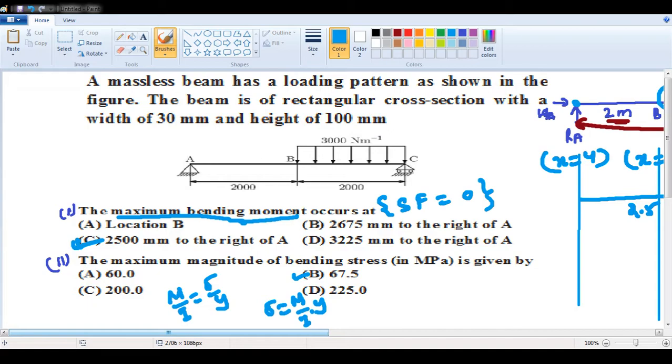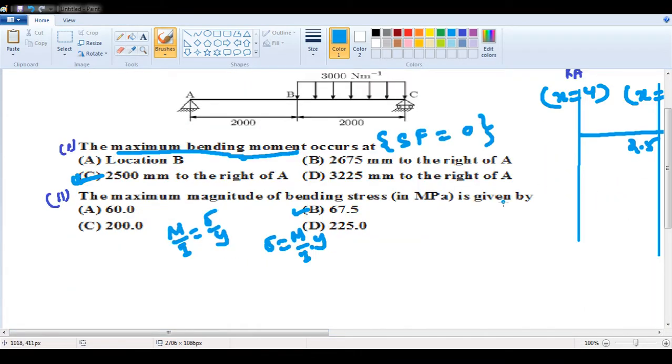Here you can use the shortcut as well. From the options also you can find the value. How? From the options, because from bit 1 it is asking where the bending moment occurs. The bending moment will be maximum when shear force will be 0. If you take out this 2.5, this is 2000, right?